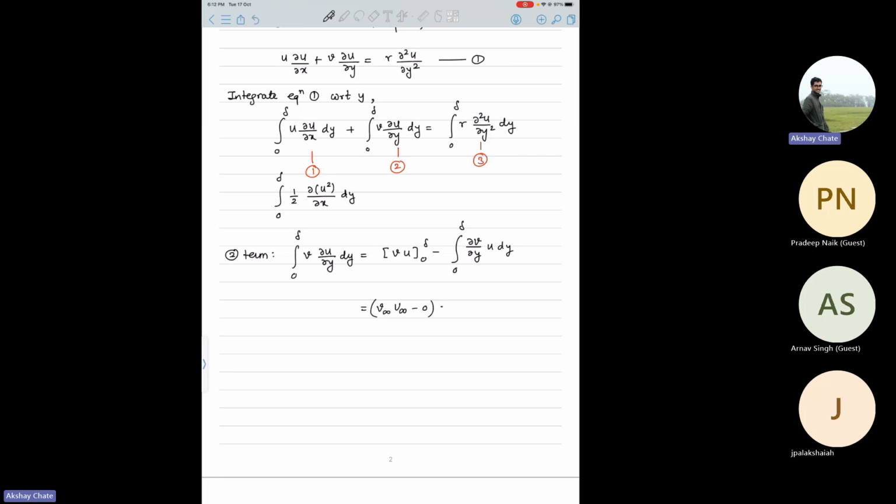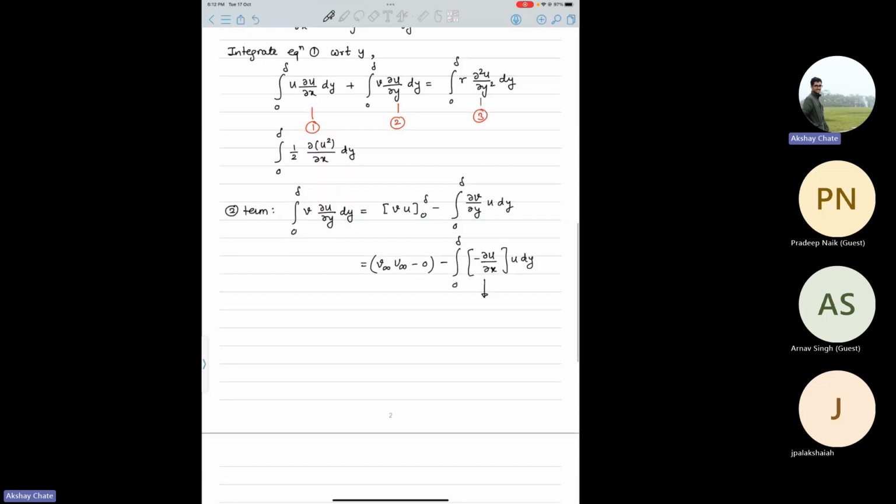And the second term, here you can write it as minus del u by del x into u dy, from the momentum equation. Sorry, continuity equation, mass balance. Since this is an incompressible flow, you have del u by del x plus del v by del y equal to 0.